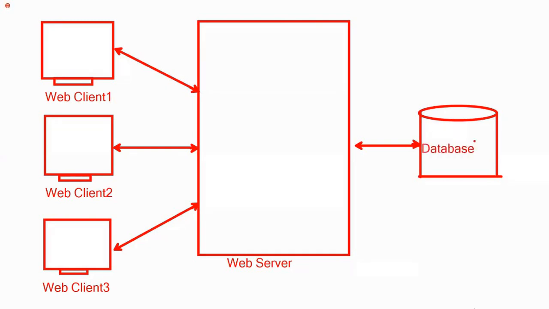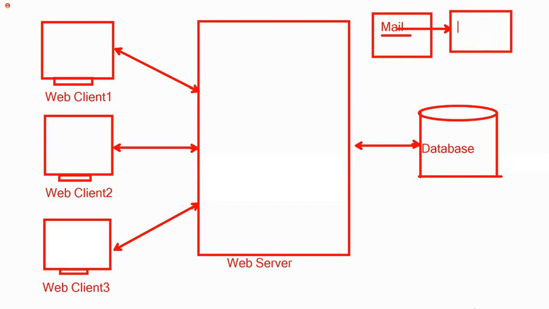Now observe, suppose an online mail application. The very first time, you open the home page. In that home page, there is one hyperlink, mail. Whenever you click the mail hyperlink, one more page comes.